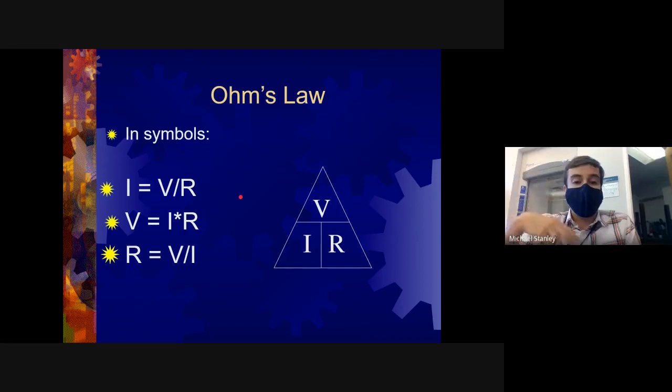So earlier we were looking at current being the amount of charge per time. We can also measure current by looking at the voltage divided by the resistance. So the amount of push that the electrons are getting from your voltage difference divided by how much resistance they're experiencing as they go through your circuit.